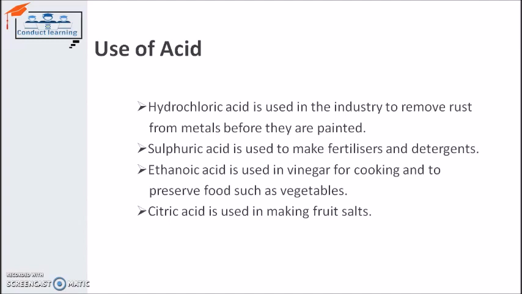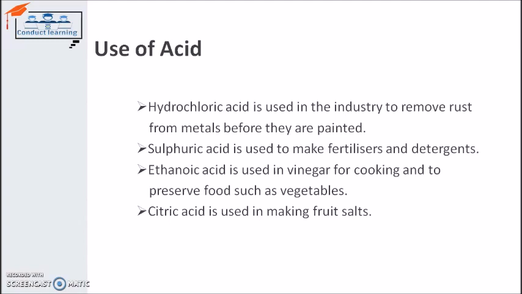Because of that oxidation, the metal gets rusted, specifically iron. To protect them from rusting or corroding, we have to apply paint. But before applying the paint, we have to remove that rust. So here we use hydrochloric acid to remove the rust from the metal, so that the paint will work effectively on it.